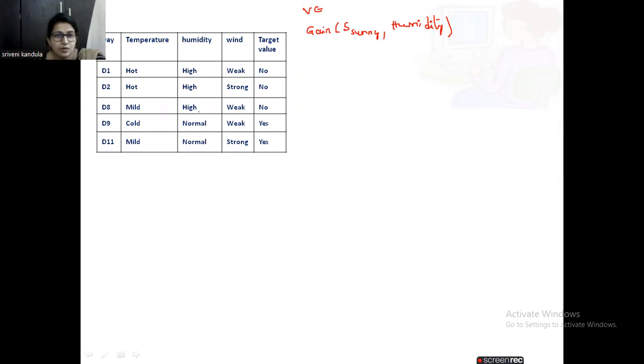We have high and normal, two values, right? V belongs to high and V belongs to normal. So let us calculate the entropy of these two first. Entropy of S high. Under high, we have all three negative examples. 0 positive and 3 negative examples we have. So ultimately its entropy value is 0.